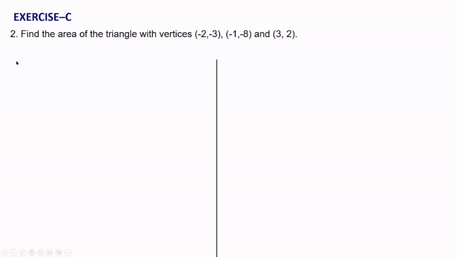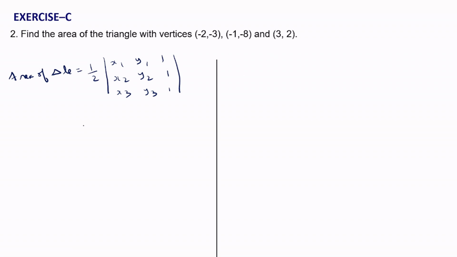Moving on to the next question. Find the area of the triangle with vertices minus 2, minus 3, minus 1, minus 8 and 3, 2. So area of triangle equal to half of determinant of x1, y1, 1, x2, y2, 1, x3, y3, 1, where x1, y1 is the first vertex, x2, y2 is the coordinate of the second vertex and x3, y3 is the coordinate of the third vertex.